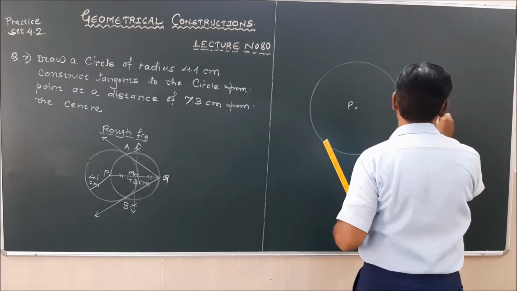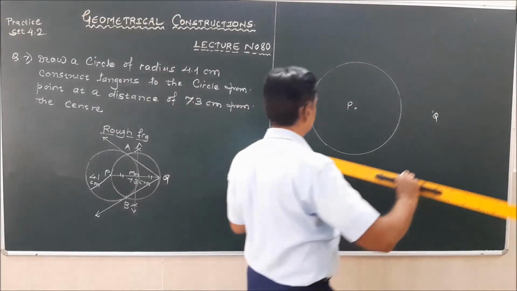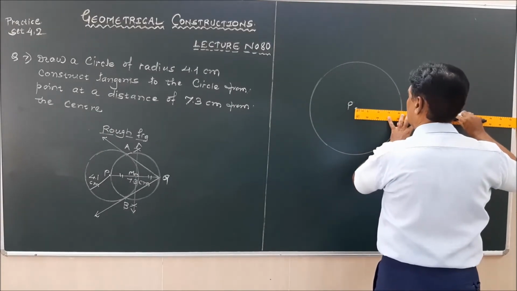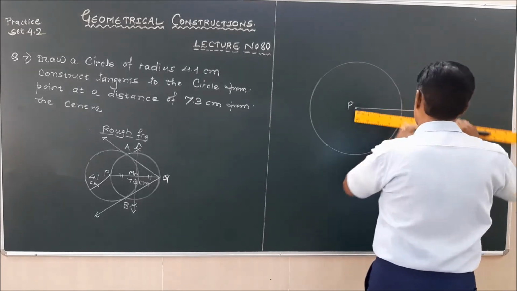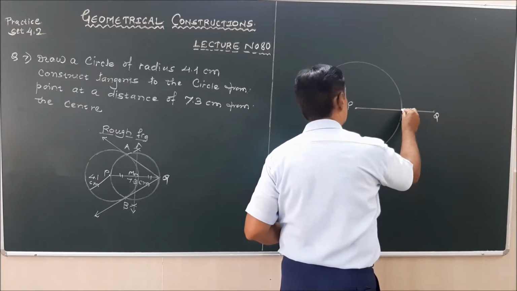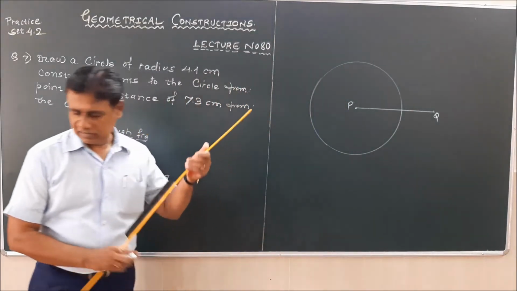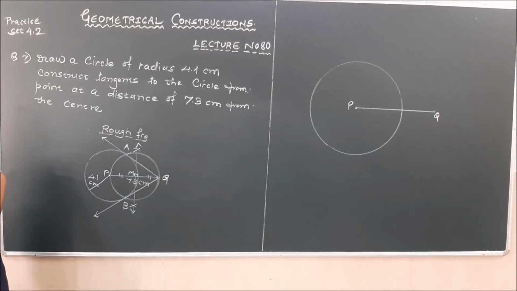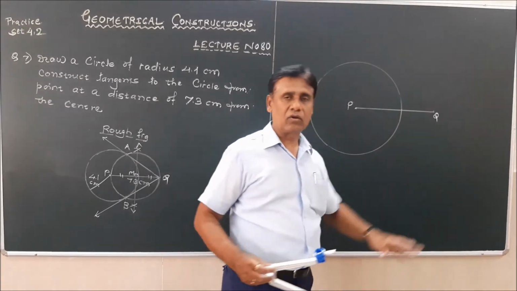If I take this as Q, PQ is 7.3. After locating point Q, the next step is to draw the perpendicular bisector of PQ.